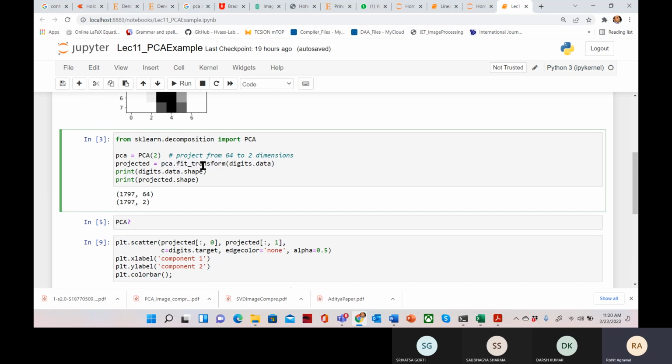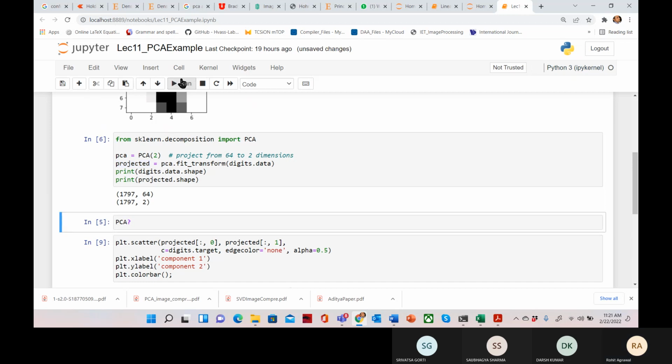After that, this transformed data will have the same number of rows, but the columns will be reduced from 64 to 2 columns. You can see how many columns there are now. We have only 2 columns.